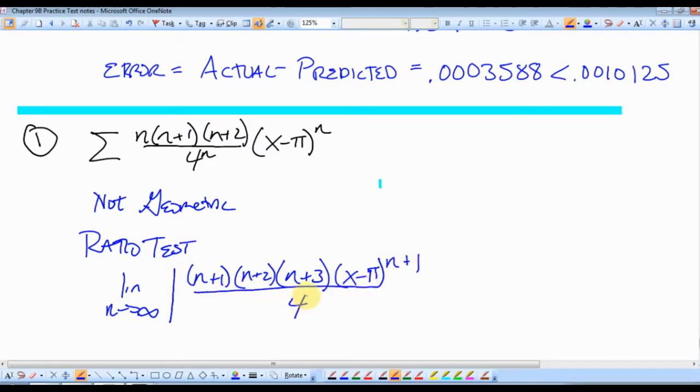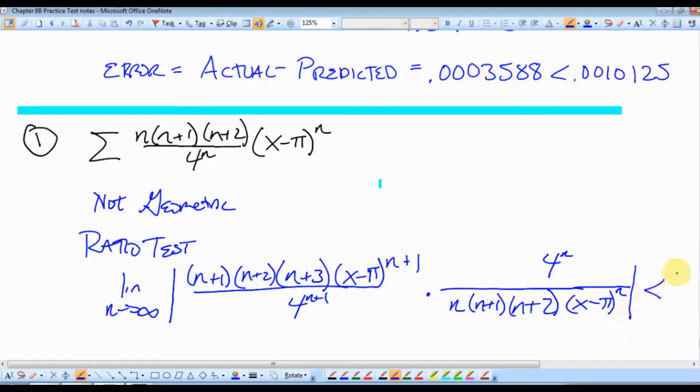Whole thing over 4 to the n plus 1 times n plus 1, n plus 2, x minus pi to the n, 4 to the n power, and force that to be less than 1.